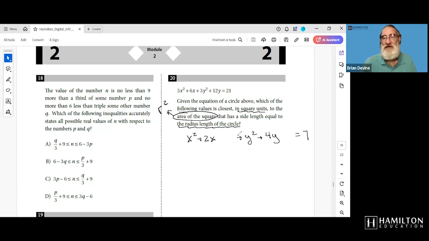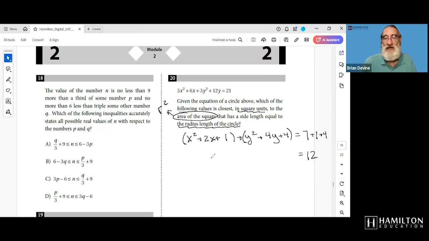And if we complete the square on this equation that we were given, i.e. on the x stuff, we're going to take half of 2 and square it and add that. But remember, we got to add it to the other side. And then we're going to take half of 4 and square it and add that. And remember, we're going to add it to the other side. And we get 12.